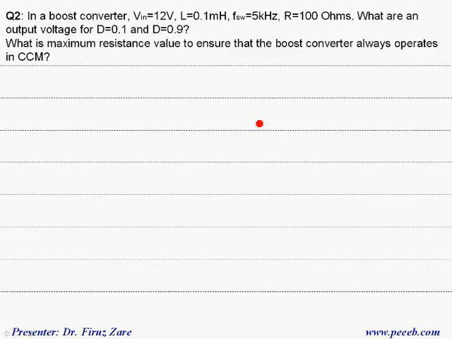In this example we have to find the output voltage when the duty cycle is 0.1 and 0.9 for these parameters. So the first step is to know whether the system can operate in continuous conduction mode or discontinuous conduction mode. So this is the condition, which is basically D times (1 minus D) square should be less than 2L divided by R times the switching frequency.